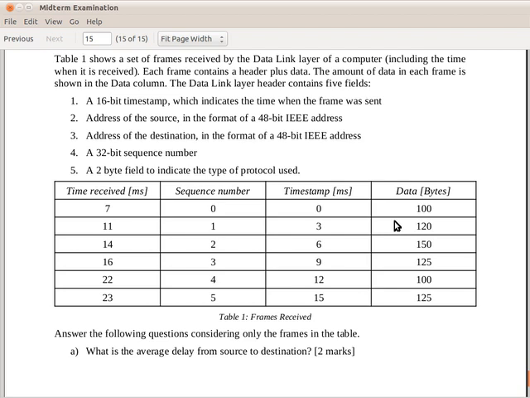Here's the set of packets, with the details of the packets: the time it was received, the time it was sent, and the size of the packet. First question, what is the average delay? You have 6 packets, and you need to work out the delay of each packet. The delay of the first packet is what?